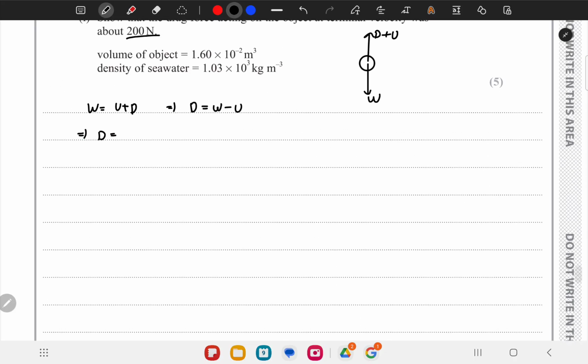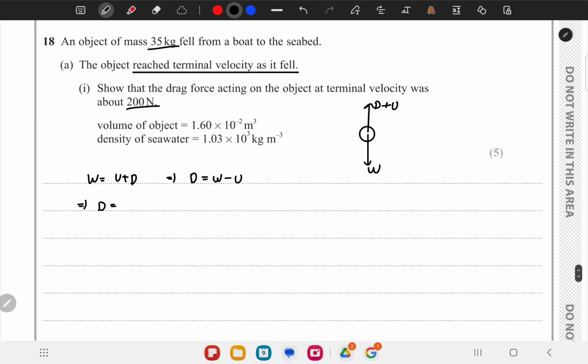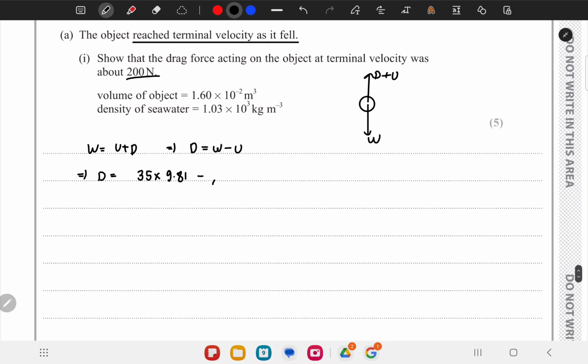So the drag will be equal to the weight, 35 times g, minus U. The upthrust will be rho, the density of the liquid, so density of seawater in this case, times the volume of the object times g.